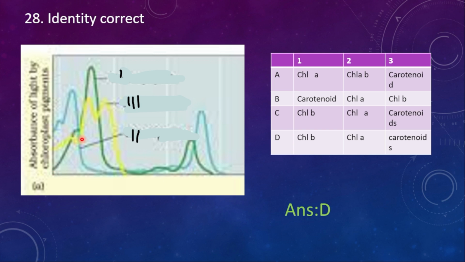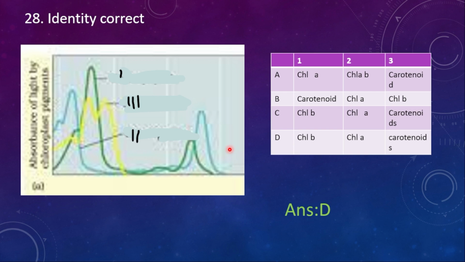This is the blue one, the chlorophyll A absorption spectrum, and this yellow one is the carotenoids. This one is B, this one is A.